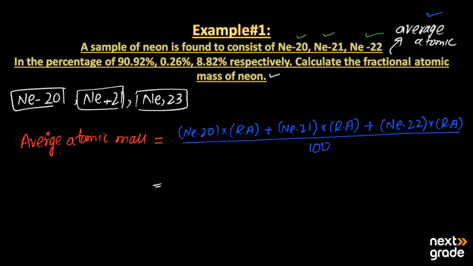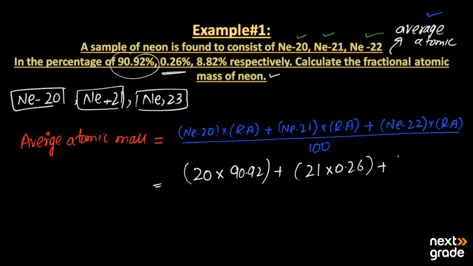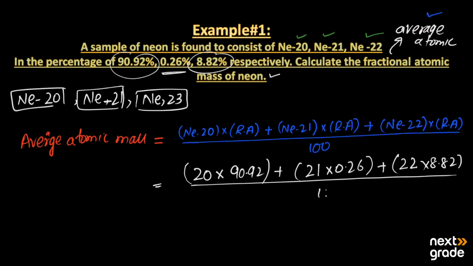So by putting in the values, neon-20, its mass number is 20, multiplied by its relative abundance, that is 90.92, plus neon-21 multiplied by its relative abundance, that is 0.26, and plus neon-22 multiplied by its relative abundance, that is 8.82%, and divided by 100.